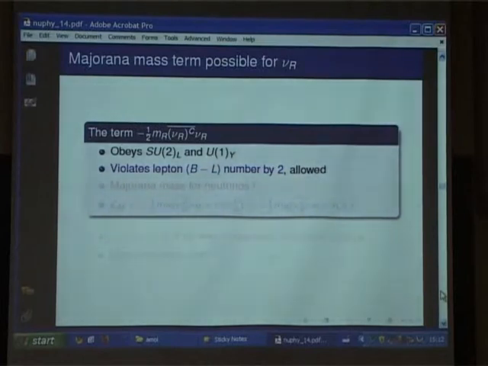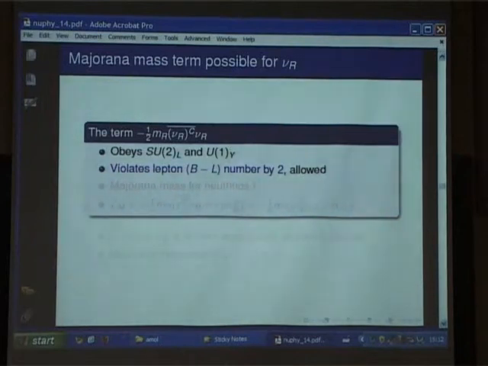So now that we have allowed lepton number to be violated, what can we do? We can allow a term that looks like this: M_R times nu_R CP conjugate, bar, times nu_R. So this obeys SU(2)_L, because nu_R is an SU(2)_L singlet. So no problem with it. It obeys U(1)_Y because Y is 0.